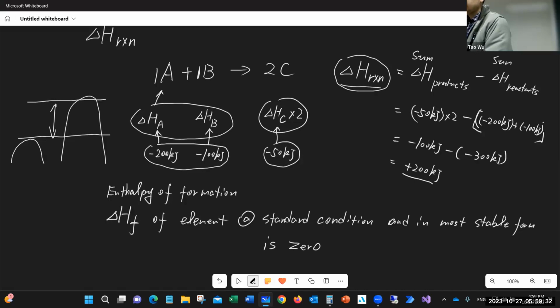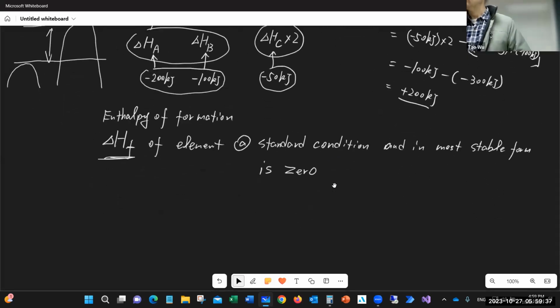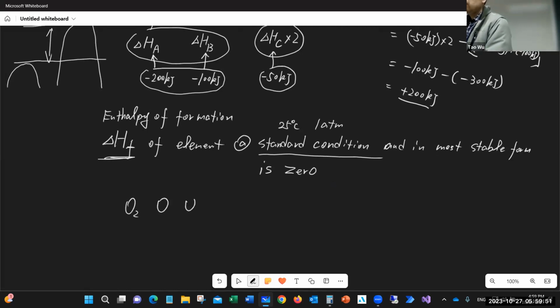So that's the enthalpy of this. Now you already know what the standard condition is, right? That's going to be 25 Celsius and 1 atmosphere. For example, oxygen and O3. If you're talking about oxygen, we have 3 different forms over here. O2, that's the very common oxygen diatomic gas.